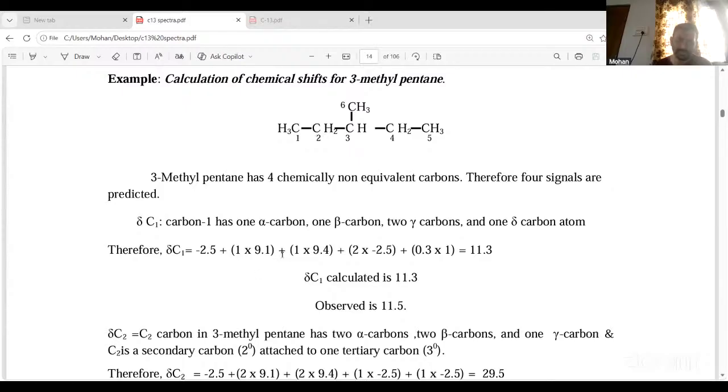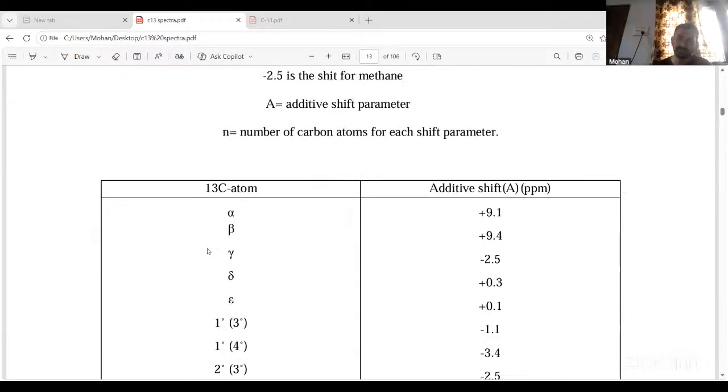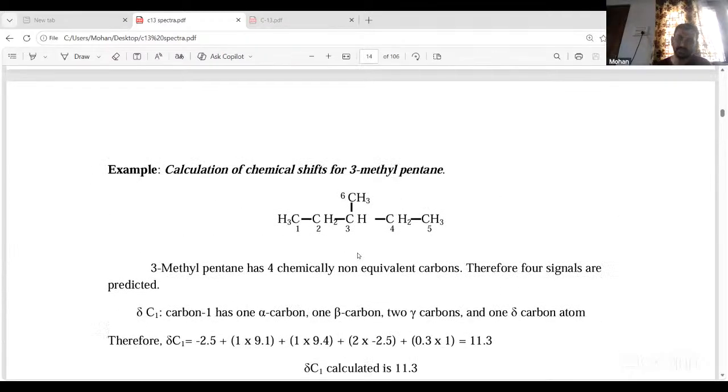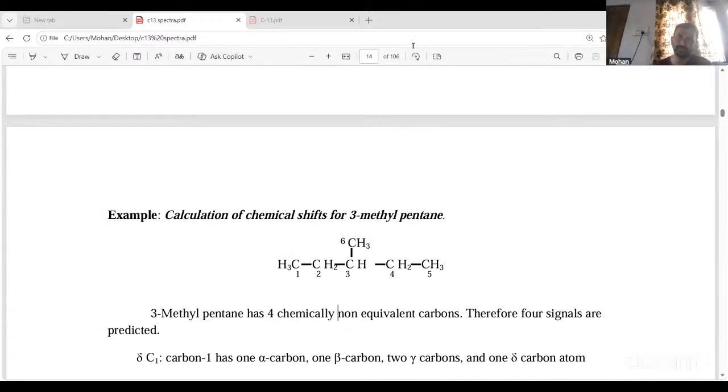Then 1 into 9.4. 9.4 is for the beta, so there is one beta carbon. So this is alpha, and this is your beta.